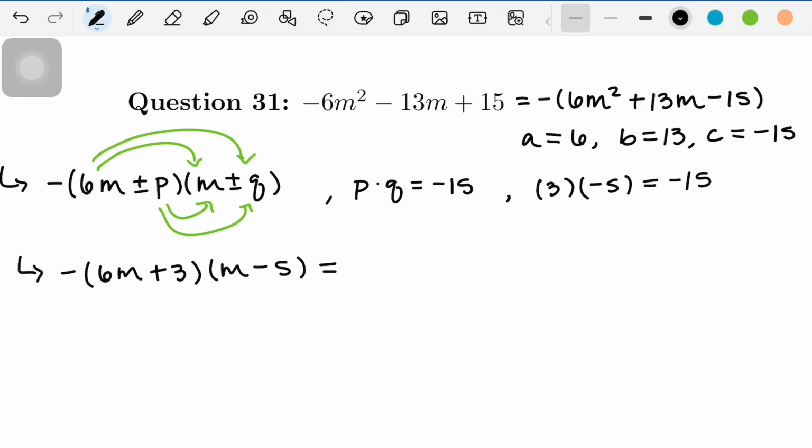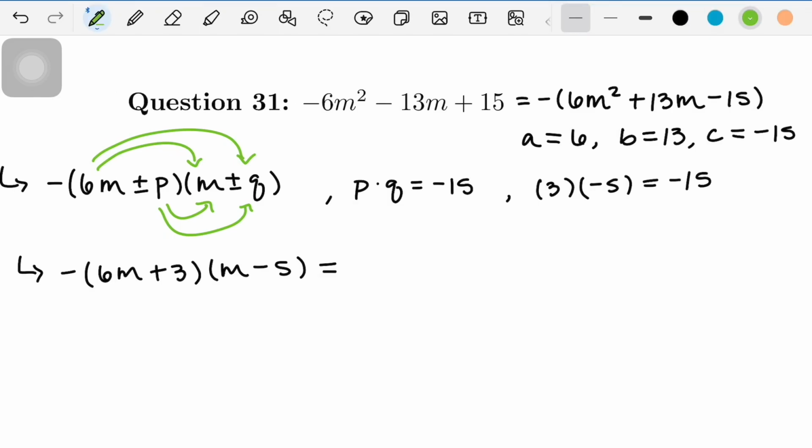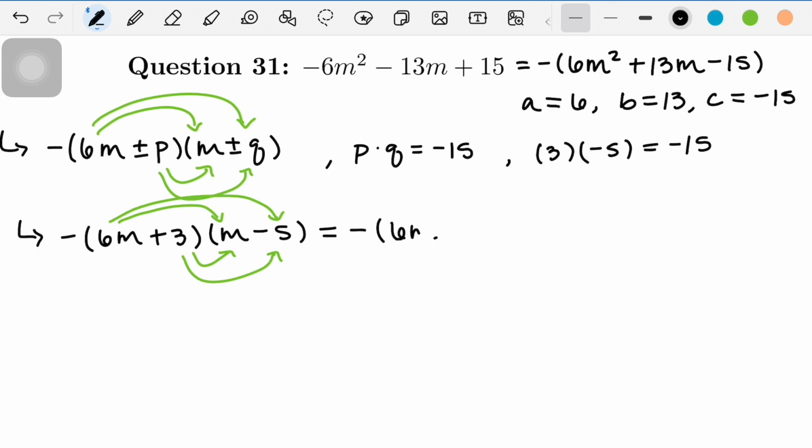From here, we just want to FOIL this and make sure it's our factored form. So we'll multiply these two, and these here. We still have the minus on the outside. We're going to have 6m squared as our first term, then minus 30m plus 3m, and then minus 15.